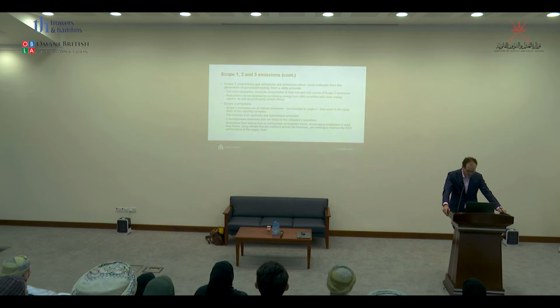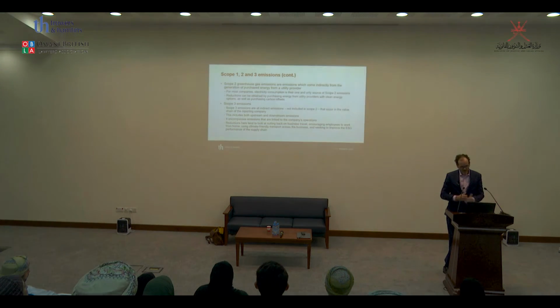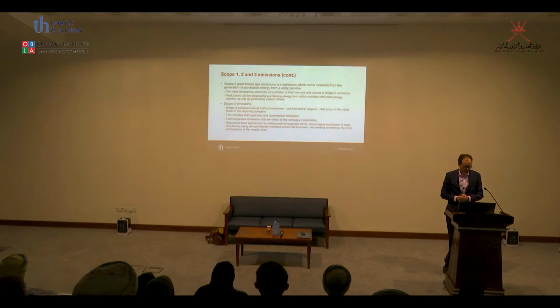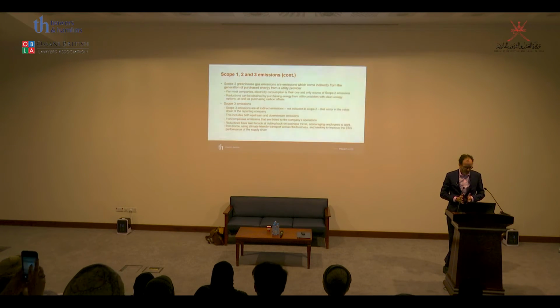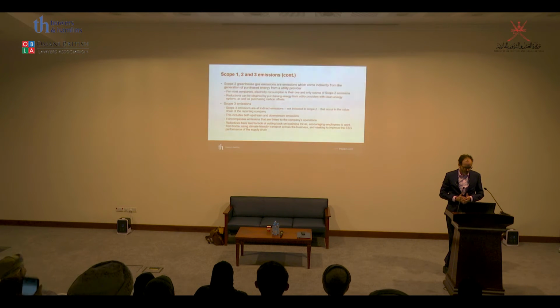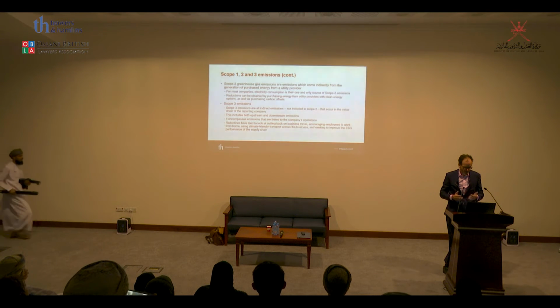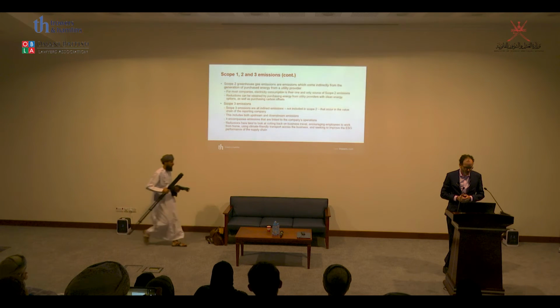if you have the right sort of facilities for that. Scope 3, this is the one which I think really broadens out the scope of what is being talked about here. So scope 3 is all indirect emissions which are not included in scope 2. So this is upstream and downstream emissions, and it encompasses everything which is linked to a company's operations.